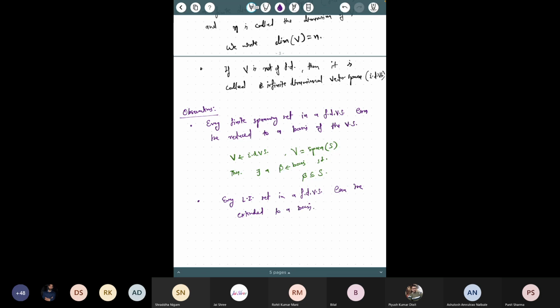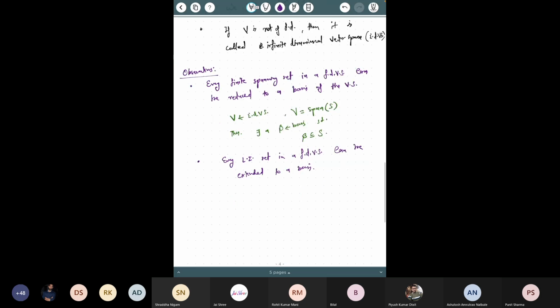Now, how would you extend this? Can you tell me why this is true first for the finite dimension case? Tell me clearly, suppose this is a linearly independent set, then how would you extend this to a basis? Can you give me some clear argument?